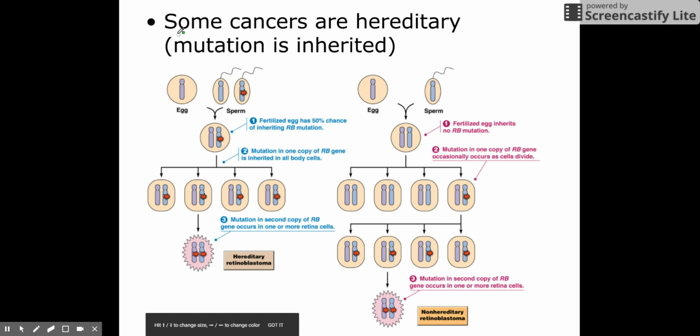You're not born with cancer, but by having that mutation, the likelihood of you developing cancer is higher. That's what we mean by some cancers being hereditary. You have a much higher likelihood because you already contain in your genome one or more of those genetic defects.